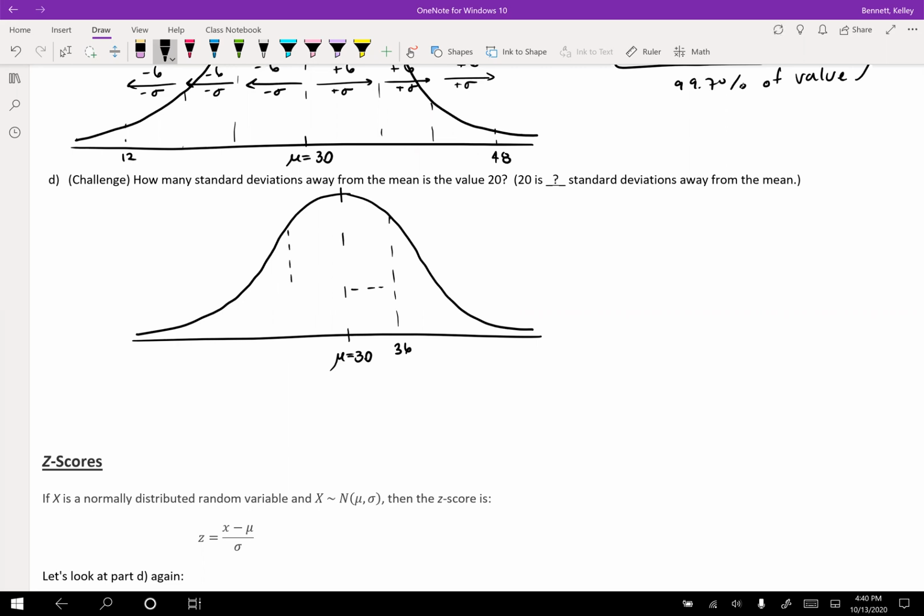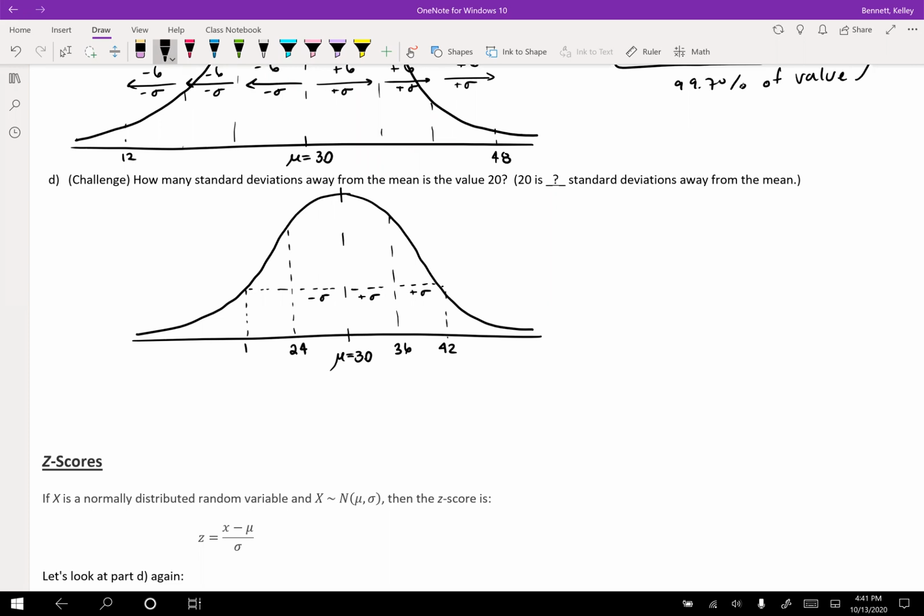If I go down 1 standard deviation, I'll be at 24. I can spread my wings a bit further here. I can go up another standard deviation, and that'll put me at 42. And I can also go down another standard deviation, and that'll put me at 18.